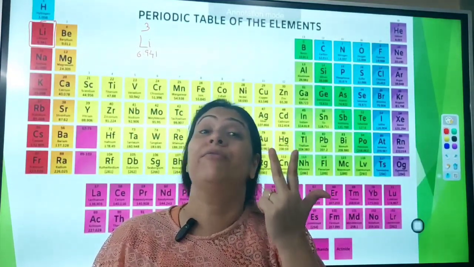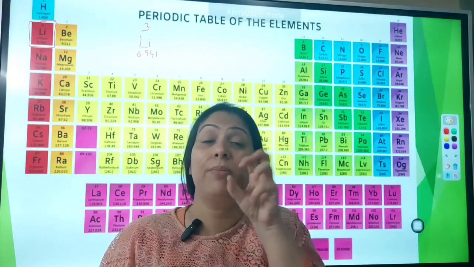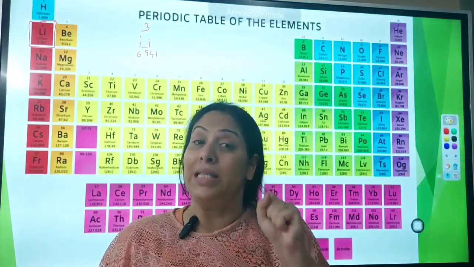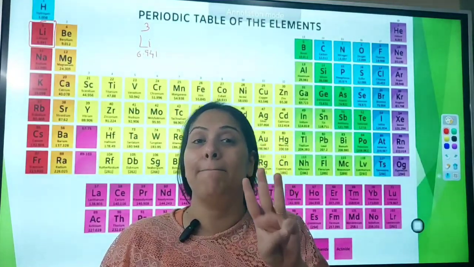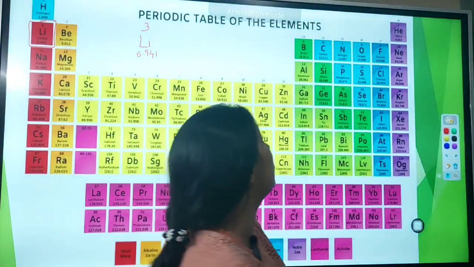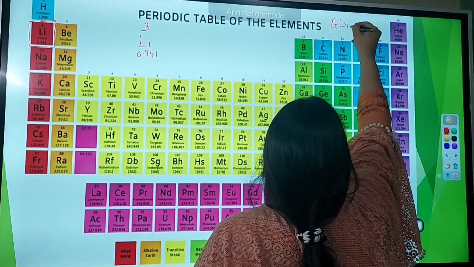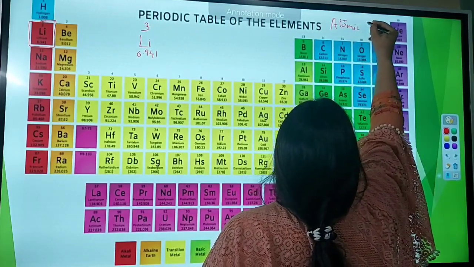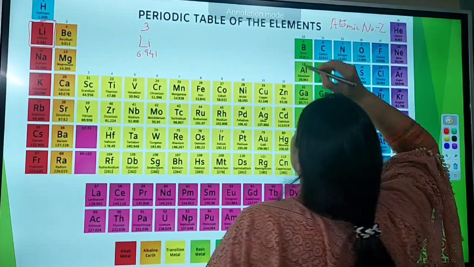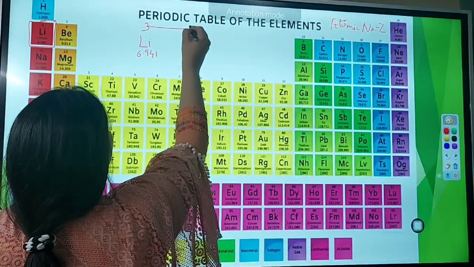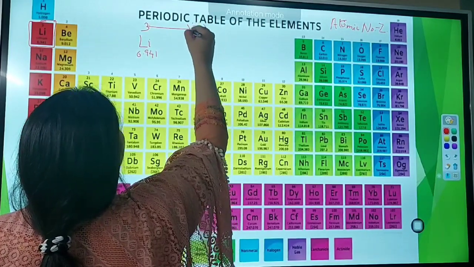And why have we placed lithium third on the list? Simply to tell you that 3 is its atomic number. Atomic number is denoted by the letter Z. So this one on top gives you the atomic number which is denoted by Z.